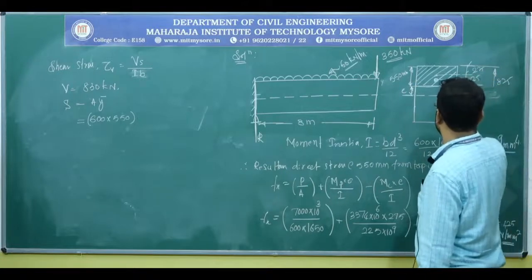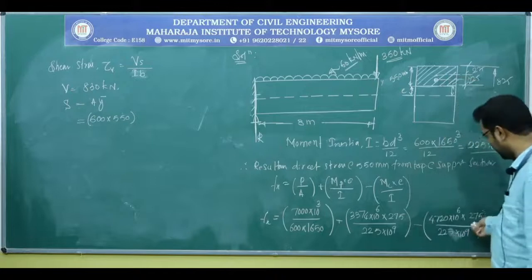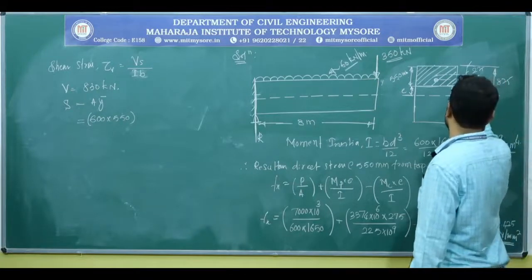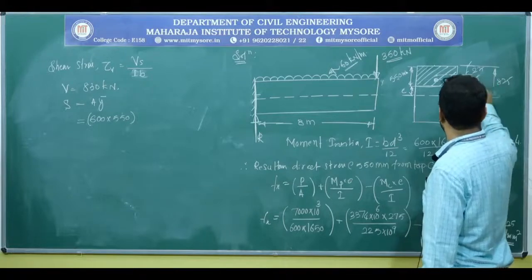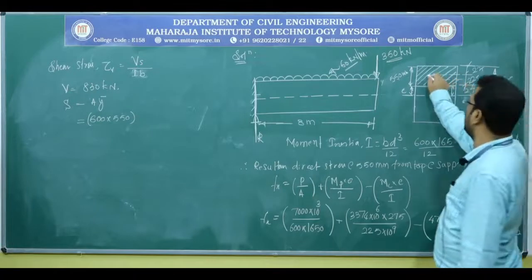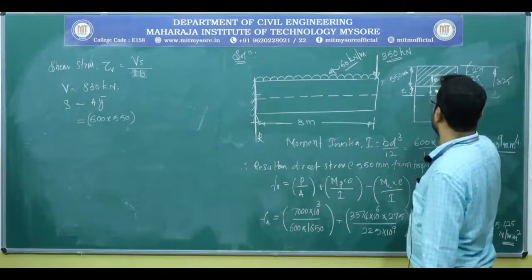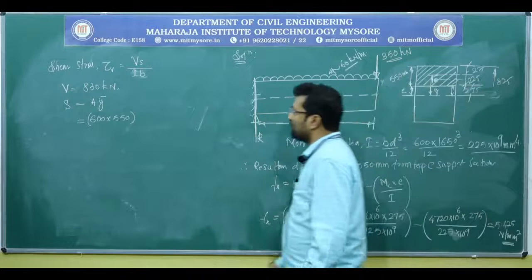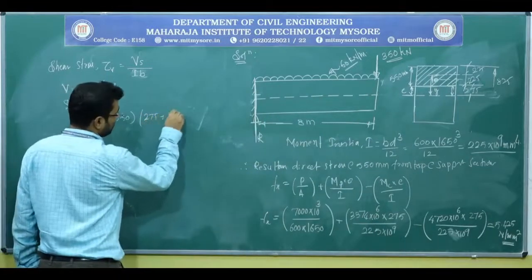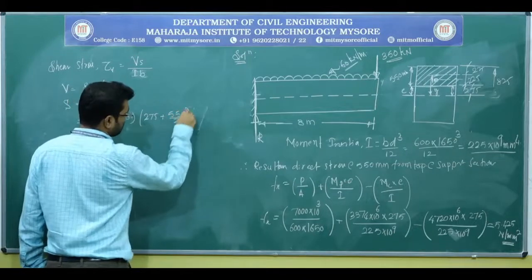Now how much is this? That is eccentricity. Eccentricity is 275. So 275 plus 225 is the Y. This is the Y. So Y is 275 plus 550 by 2.